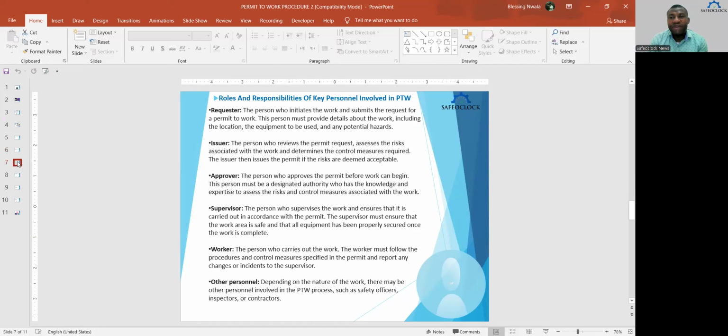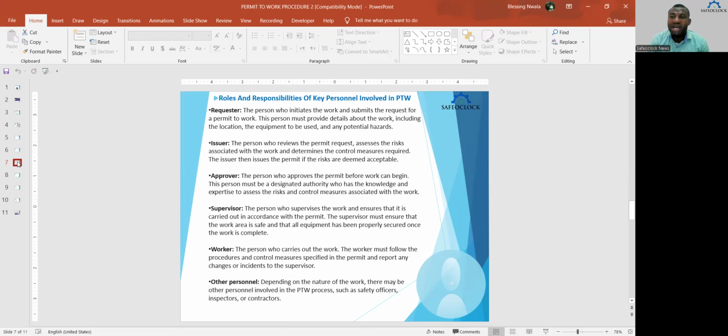So there are different people involved in this permit to work procedure, and their roles include, first, the permit requester. In most settings, we have a permit requester, which is the person that initiates the permit. He's the person that will be carrying out the activity or is responsible for the activity.